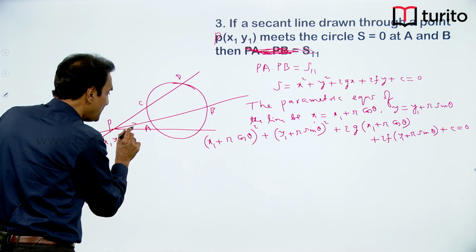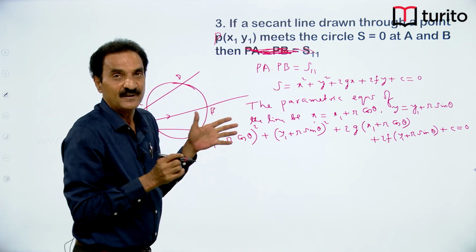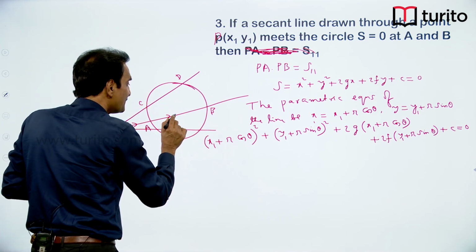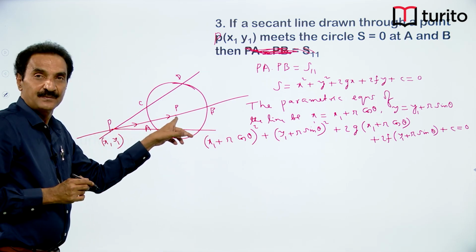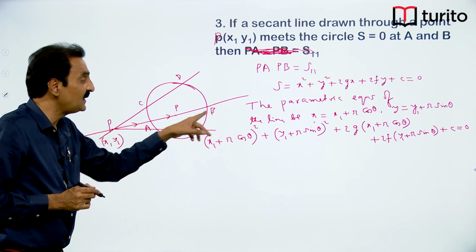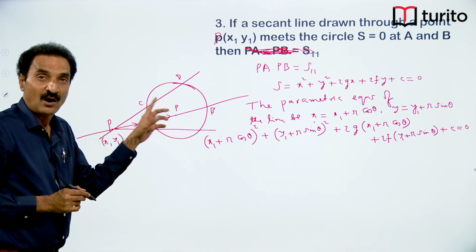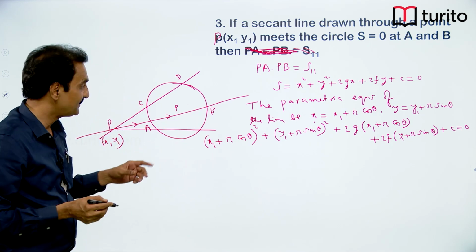Here PA and PB are in the same direction, so PA and PB will have the same sign. Suppose the point P is inside the circle, then PA into PB will be negative because PA and PB are in opposite directions. That is why they are called power or signed distances.